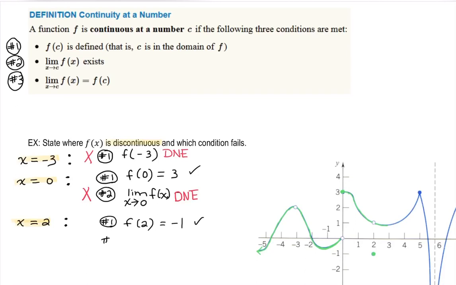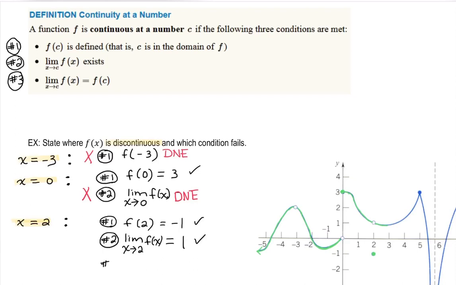So then we go on to step 2. Step 2 says, let's investigate the limit as x approaches 2 of f of x. Well, this limit exists. As I get closer and closer to 2 from both sides on this function, my y values, the function values, are approaching 1. So the limit exists.